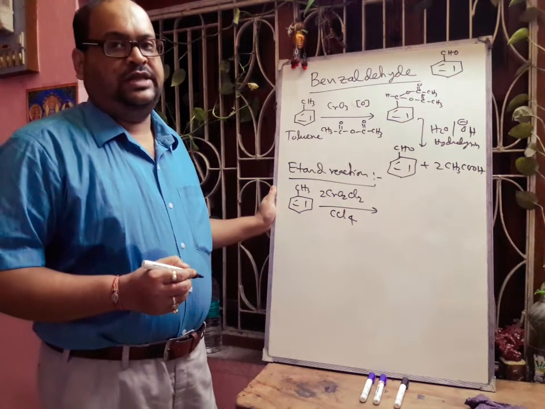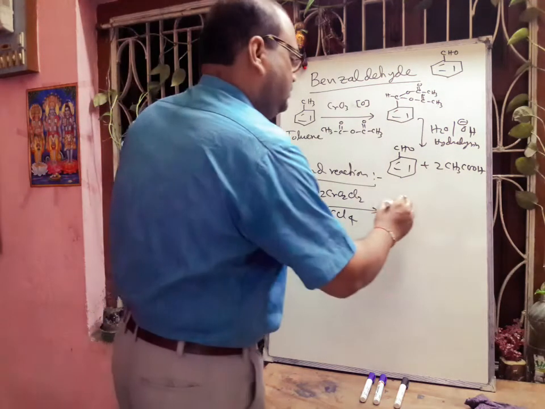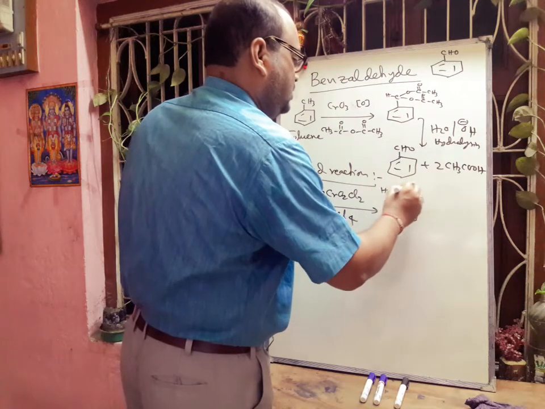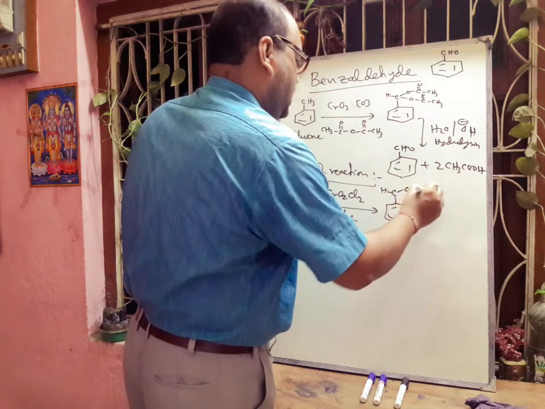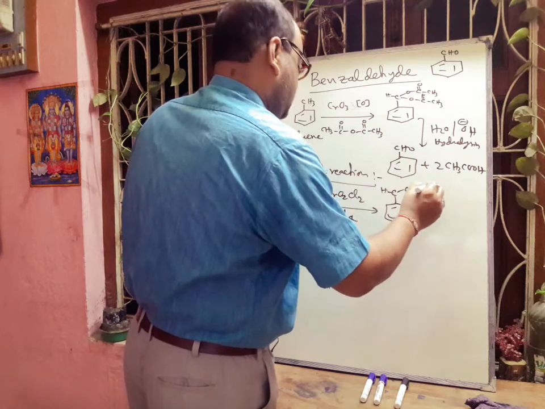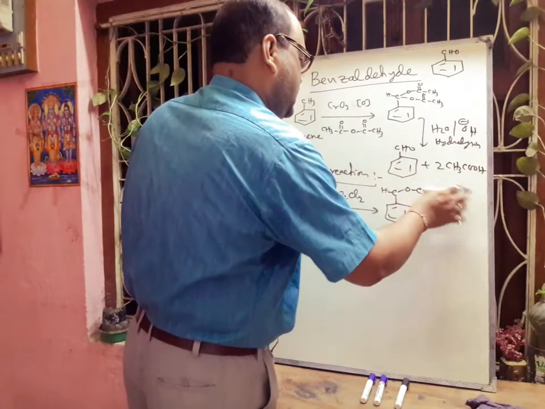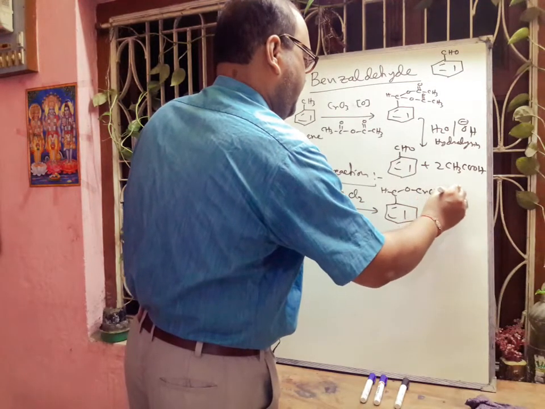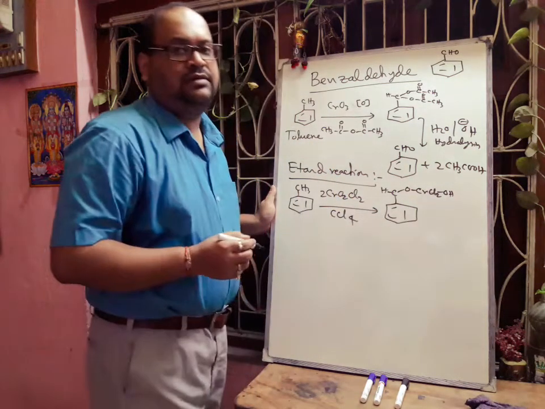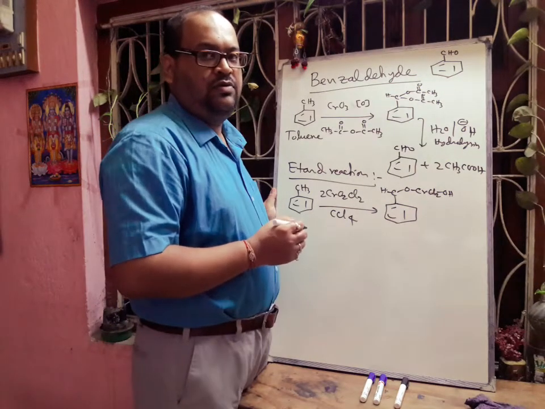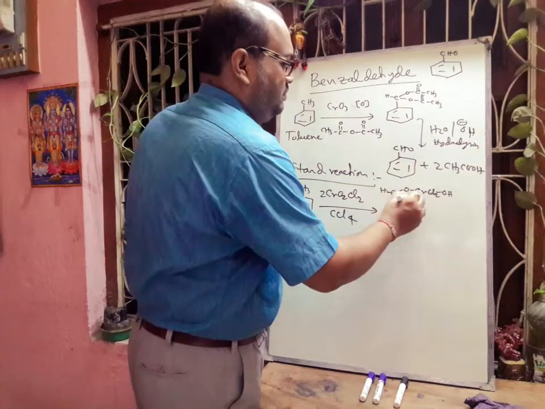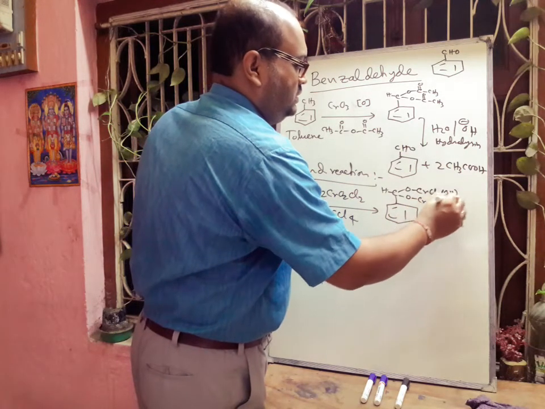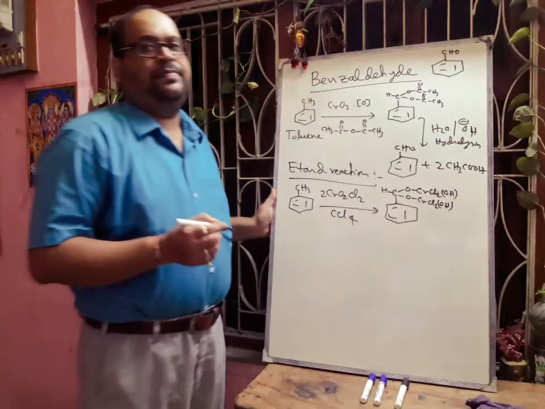Then here we will get the complex, C6H5CH(OCrCl2OH)2.